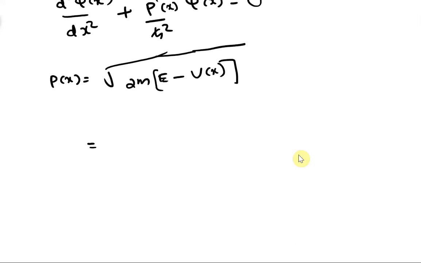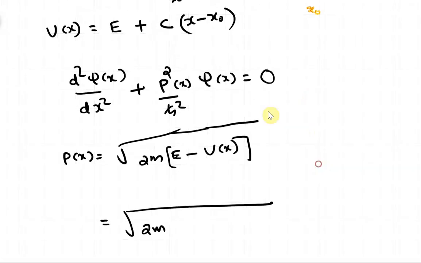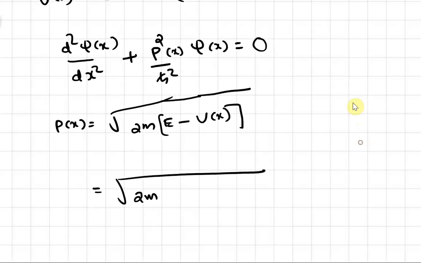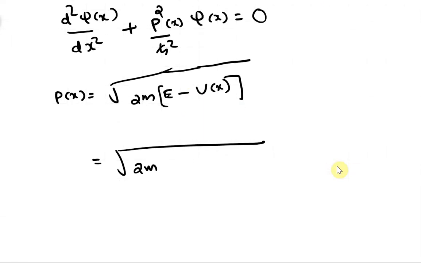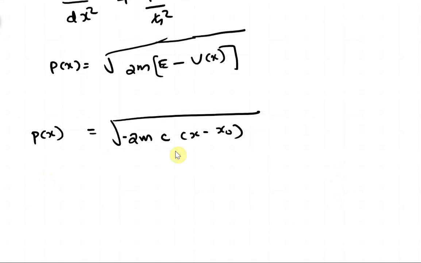That is going to be root of 2m times E minus V of x, which again has an E, and another term minus c into x minus x0. So the E will cancel, and we will be having a minus sign and a constant c times x minus x0. So that is going to be our p of x, the momentum at that position x.